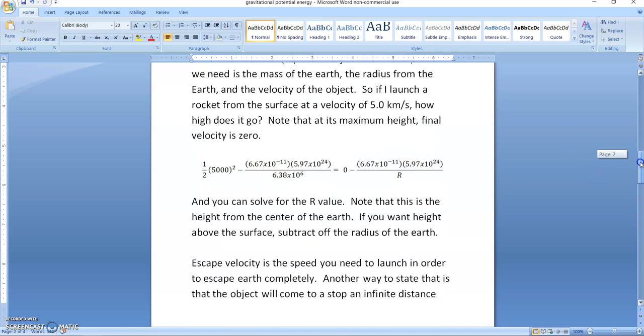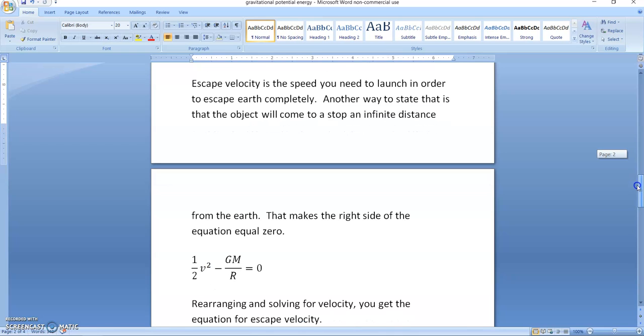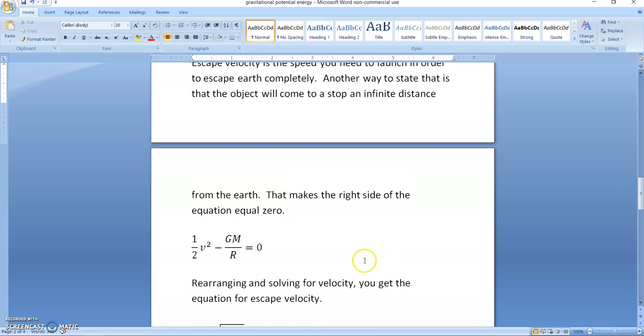So, scrolling down, escape velocity, the speed you need to escape Earth completely. At that point, the right-hand side just reduces to 0. You have 1/2 mv squared minus GMm over r.